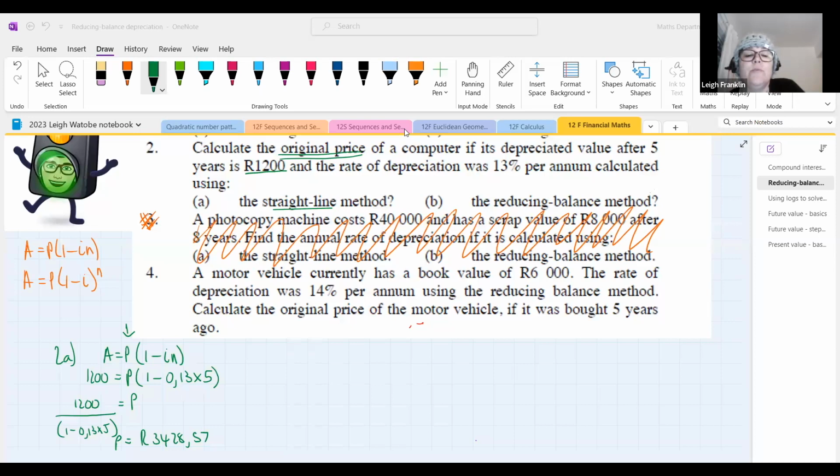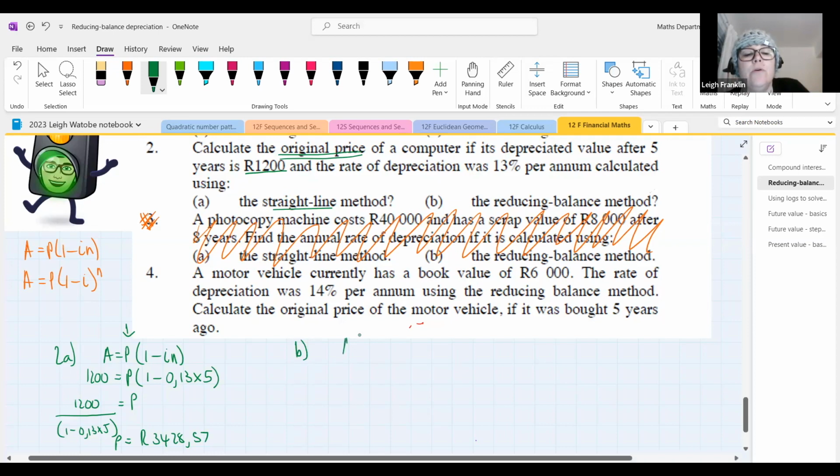Awami, all your answers are perfect. Gugu, perfect. Tuelo, not the end of the world. Nolwazi, yes. Okay, so Yamkela, for 2B, I know there were others who were also getting that one wrong. Reducing balance means A equals P(1 minus i) to the power of n.